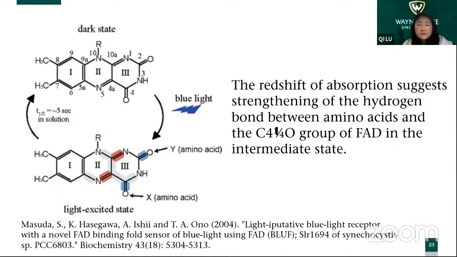So here, C4 is, let me see, 1, 2, 3, 4, the C4 and the O group, here of the FAD in the intermediate state. So this change was majorly at these areas.